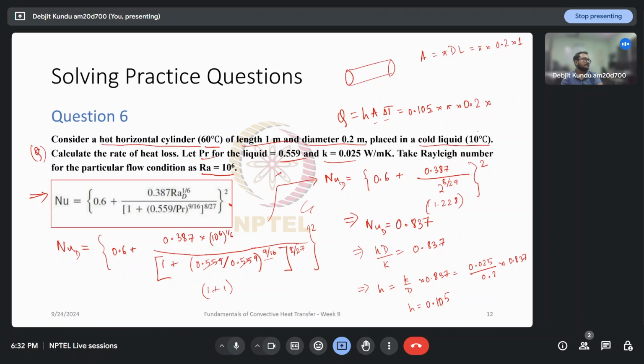Then the temperature difference is 10 degrees Celsius and 60 degrees Celsius, so it's 50. Finally, what I get Q to be equal to, let me calculate this now. So 0.105, pi, 0.2, and 50. The product of all that is close to 3.28 watts.